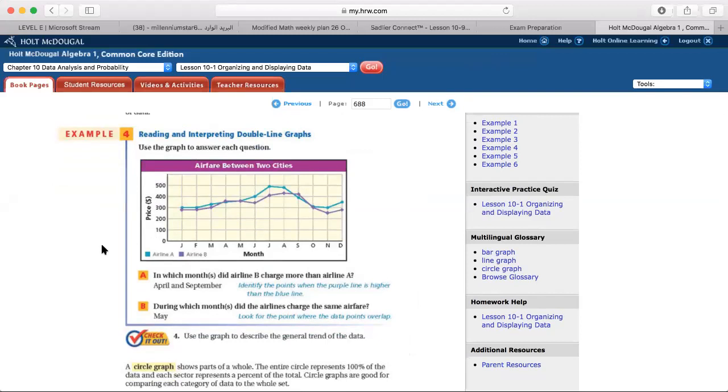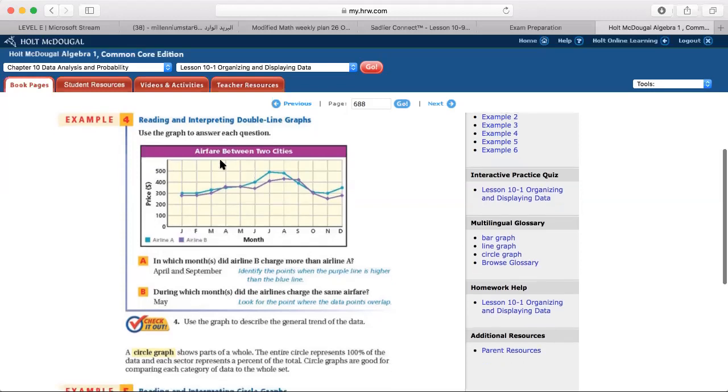So down here we have the blue and the purple. The blue shows airline A and the purple shows airline B. And here are the letters of each month, and on the vertical I have the price of the ticket. So airfare between two cities, okay?